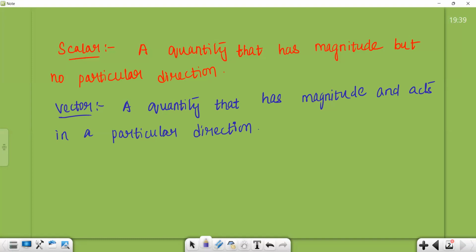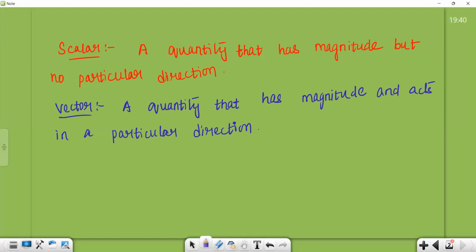Ma'am, I did not understand what the meaning of magnitude is. So what is magnitude? Can anybody tell? Actually it is called size, the maximum extent of size.